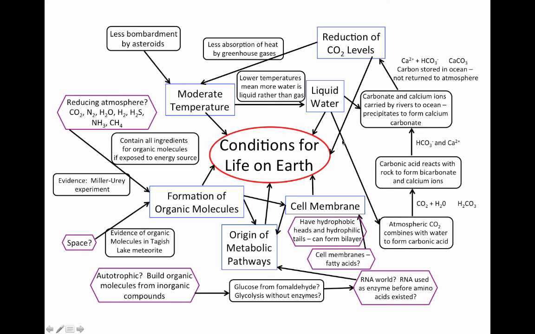You might want to write some things along these arrows to remind you why, for example, liquid water is essential for this phase, what this causation is all about, putting in different notes to help you remember some of the details. But this really gives you the big picture and the ability to see how all of these ideas are connected to each other.